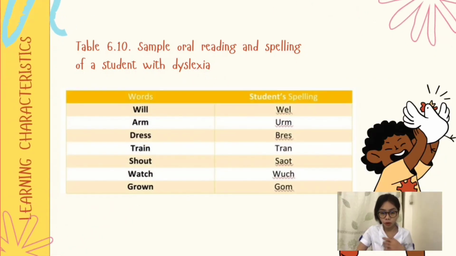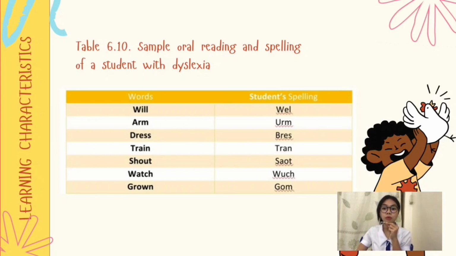And we also have here words with the student with dyslexia's spelling of each word. So we have here will, which becomes well. Arm, the spelling is arm. Dress becomes breast. Train becomes tran. Shout becomes shout. Watch becomes watch.